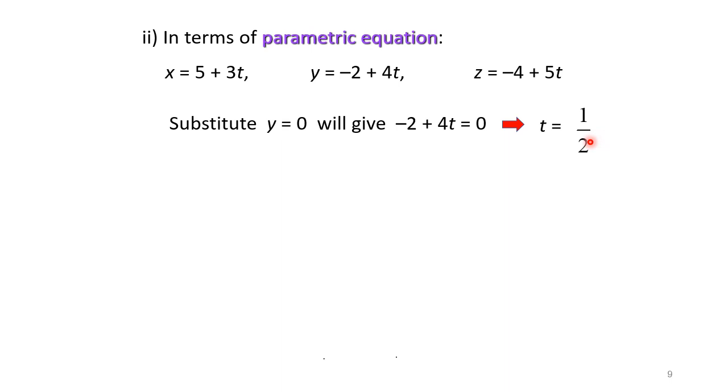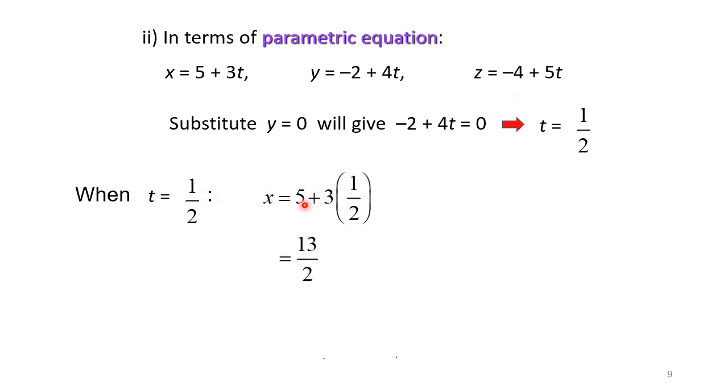After we obtain the value of t, that is 1 over 2, we substitute this t into the other parametric equations to find the value of x and also z. When t equals half, we got the value of x is 13 over 2, and z is negative 3 over 2.